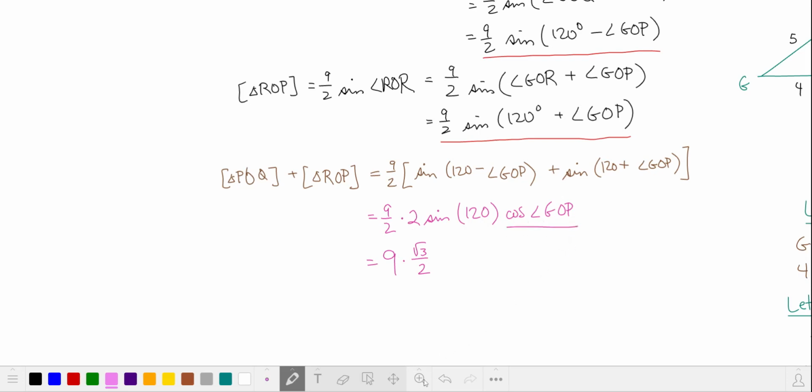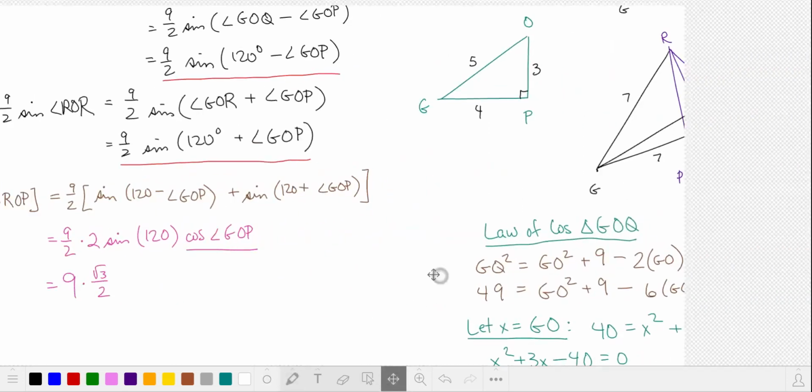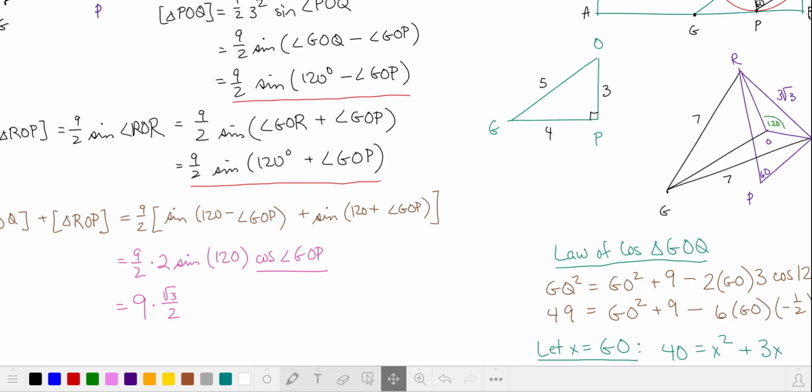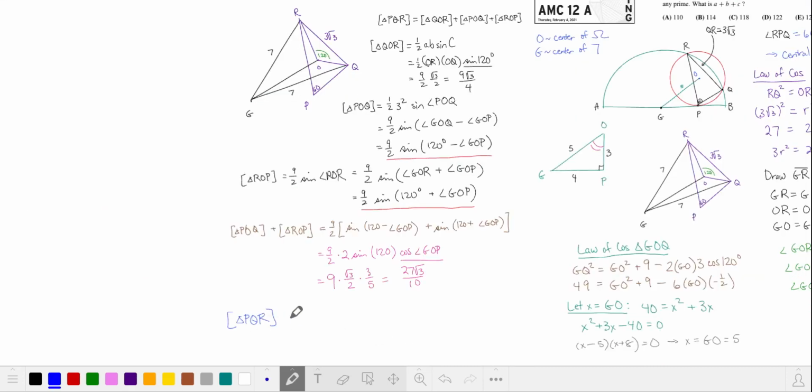For the cosine of this angle GOP, we can return to our right triangle diagram. That's this angle over here, and the cosine is adjacent over hypotenuse, or 3/5. This comes out to 27 root 3 over 10. The area of triangle PQR is that plus the area we found earlier, 9 root 3 over 4, which was the area of triangle QOR.